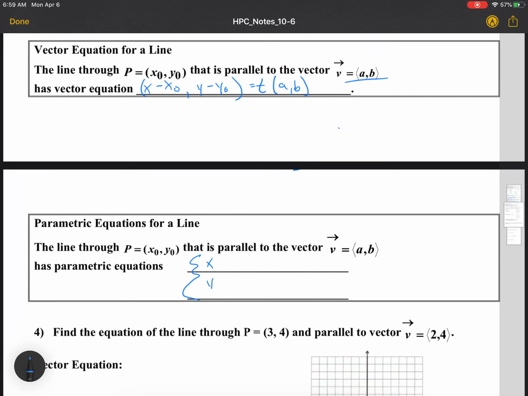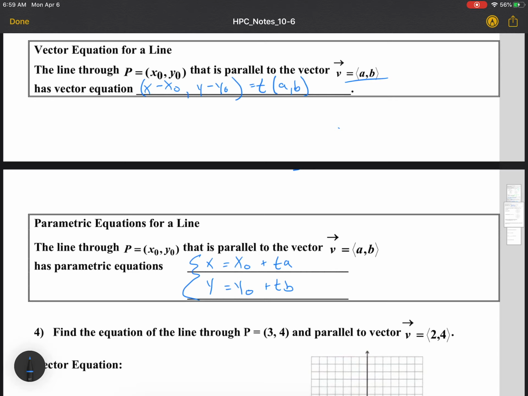We have our x, our y, and our point, the x component and y component from our point, plus t, and t is always attached to the vector. That's the big thing you have to remember. We have a, which is our x vector component, and b, which is our y vector component.